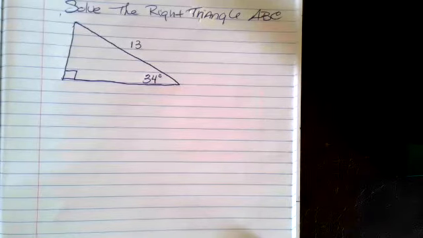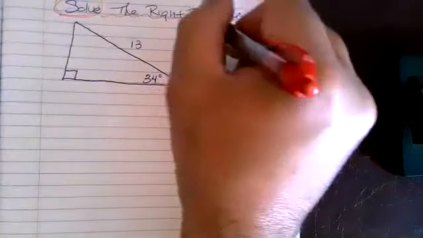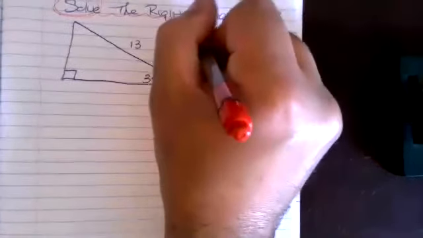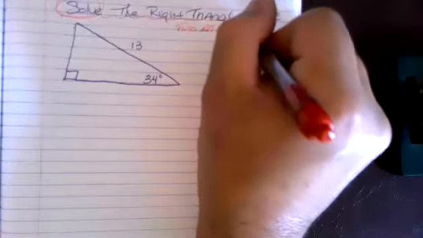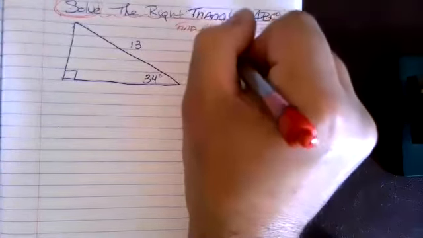So if you had to solve a right triangle, which it might not, but if it asks you to solve a right triangle, that means find all the missing parts. Find all missing sides and angles.